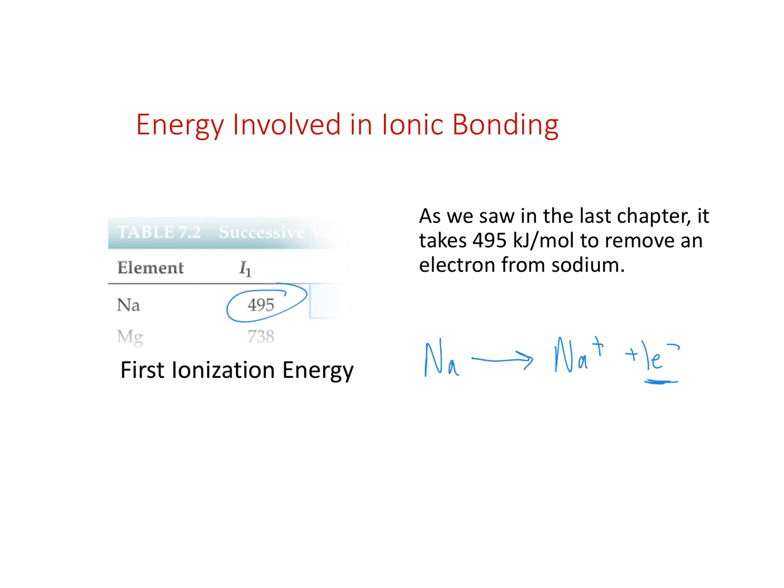That is 495 kilojoules per mole. So that first step is endothermic. I have to put in 495 kilojoules per mole of energy. So far, the first step has taken us in the wrong direction. We want to go to a lower energy point, and right now we're going up to a higher energy point.